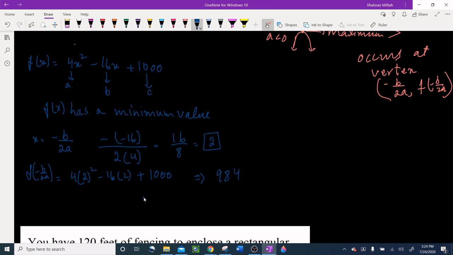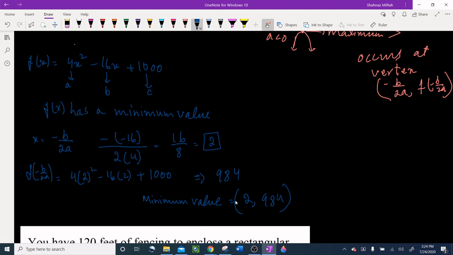You can write it up here like that too. And like I said, in calculus, that's how we find our absolute minimum. So this is my ordered pair, (2, 984), which means 984 is a minimum value at x equals 2. That's how you are going to say it.